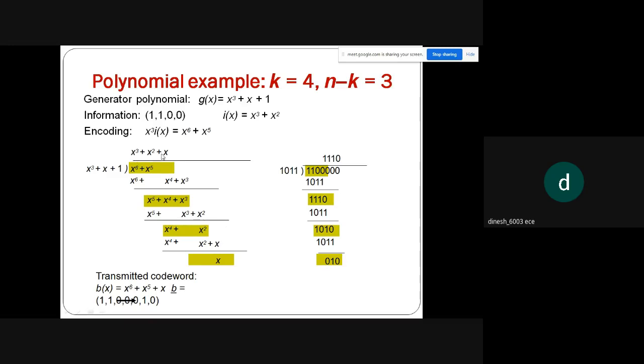Now, in the given problem, they are taking the encoding pattern. The encoding pattern is taken as x power 6 plus x power 5.